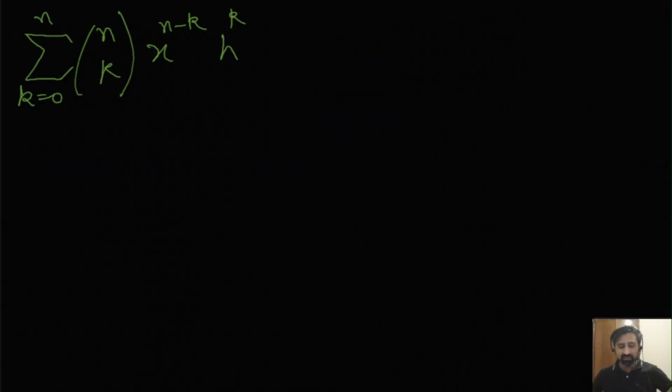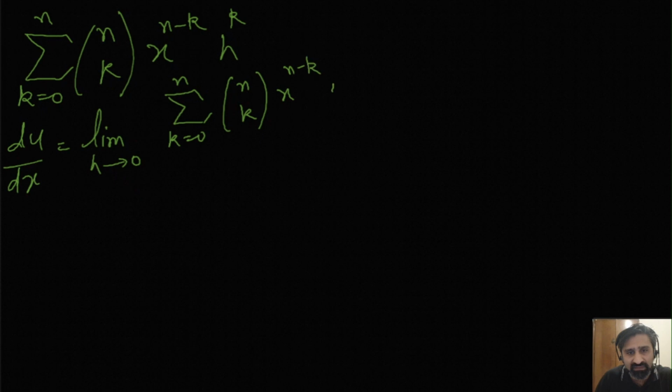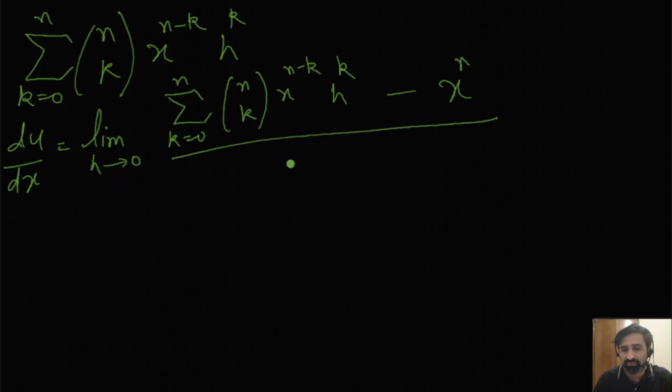Very good. ಅದೇ ಸೇಮ್ ನಮಗೆ ಇಲ್ಲಿ when we write that down in terms of the derivative, we're going to have limit h tends to 0, this whole summation term on the numerator, n choose k x to the power of n minus k and h to the power of k, and minus x to the power of n, and h will be there at the bottom.